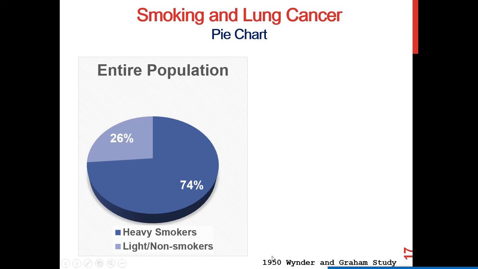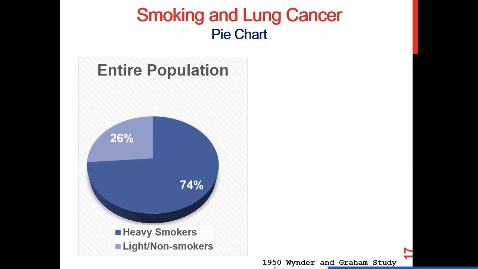This is data from the 1950 Wynder and Graham study. This was a time when smoking was considered cool. People did not know that smoking can cause lung cancer. Some doctors had started suspecting that, but they didn't have enough evidence, and hence they started collecting data.